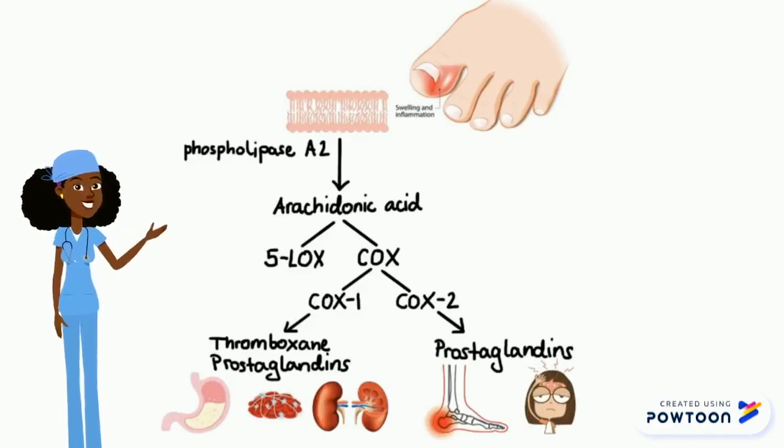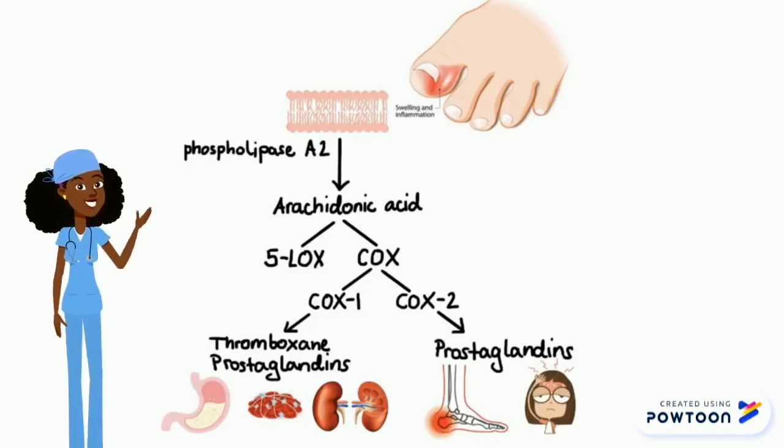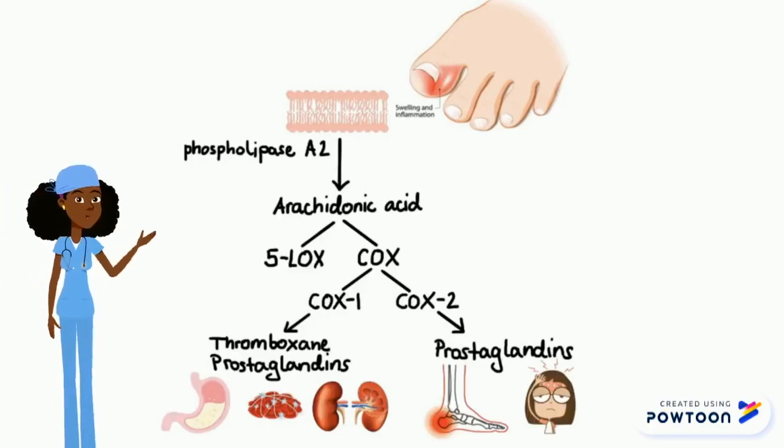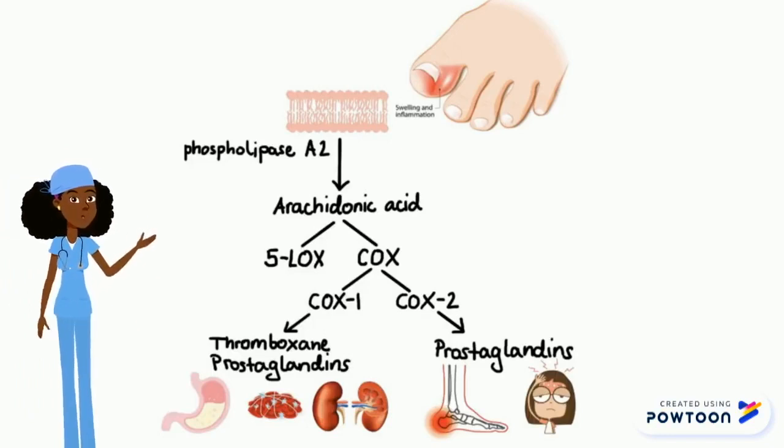Cyclooxygenase enzyme exists in different forms, two of which are cyclooxygenase 1 and cyclooxygenase 2. Cyclooxygenase 1 isoform is expressed constantly throughout the body. Its primary function is to produce thromboxane and prostaglandins, which stimulate normal body function.